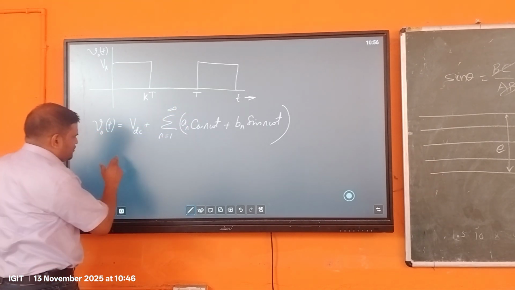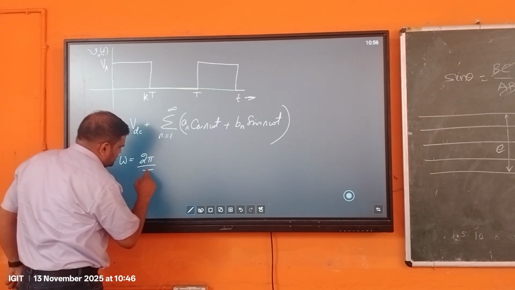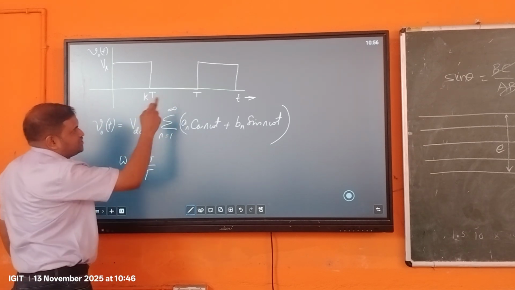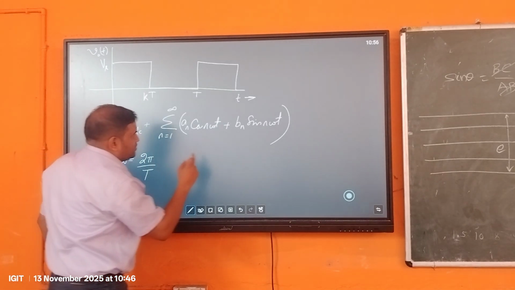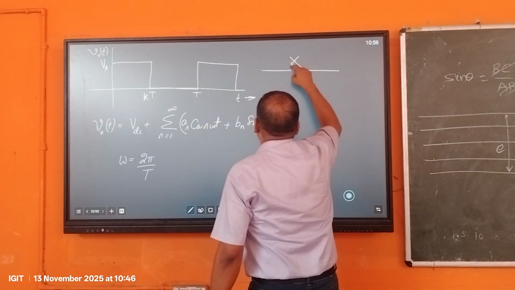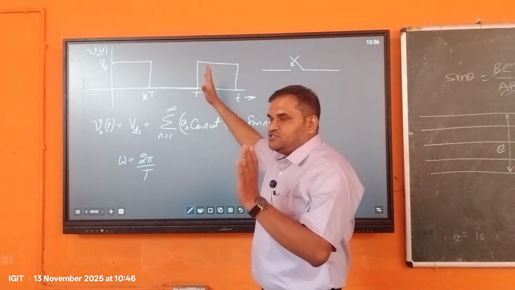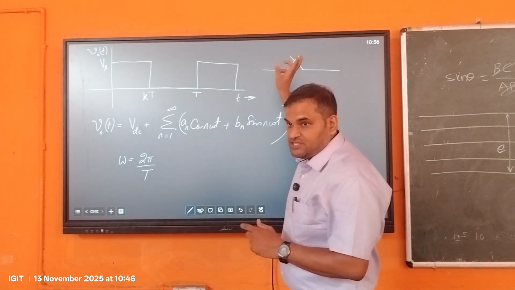So from here we can write omega is nothing but 2 pi by t, or this is the switching frequency, because when we are representing this output voltage, we are saying that the switch is on and off at a certain speed. This timing is the switching frequency of the switch.